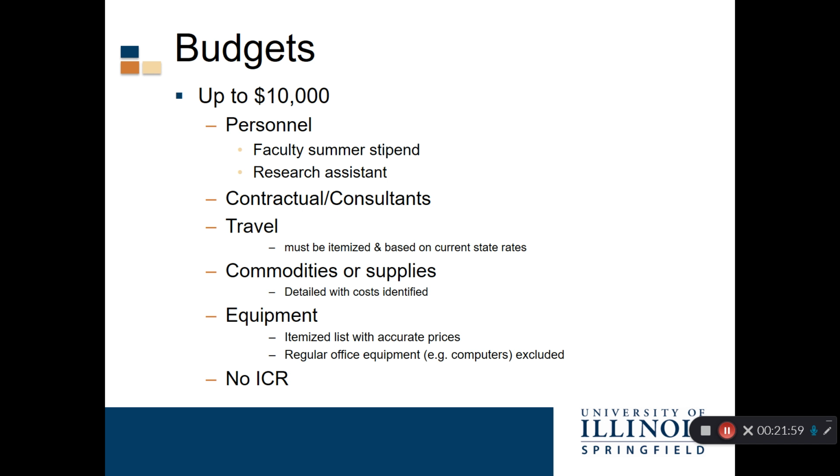This time you can also include travel for conferences, so maybe part of your project is to present the results at a major professional conference at the end of it. And again, details on what equipment and commodities you need. And there's no overhead or indirect cost allowed on this, which is good news, because $10,000 goes away pretty quickly.